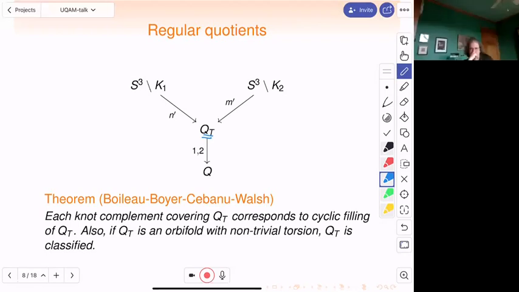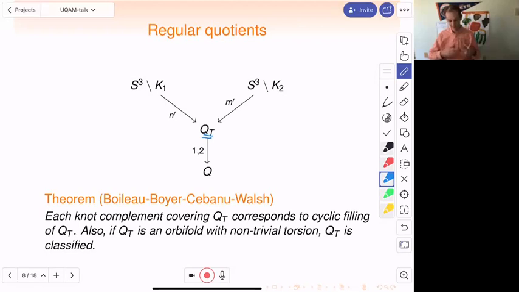So a cosmetic surgery on the solid torus, and so they're called the Berge-Gabai knots. So you would just take a Berge-Gabai knot and attach a torus with some torsion along the core, and that's how you build these QT, as long as you pay attention to the linking number.